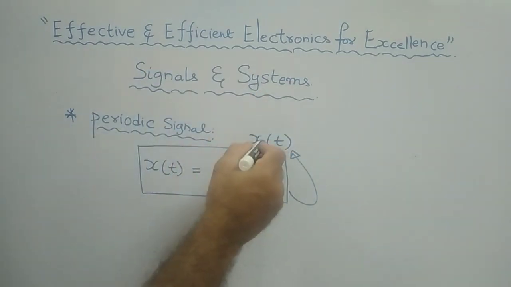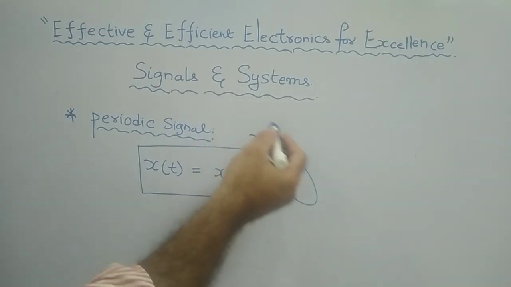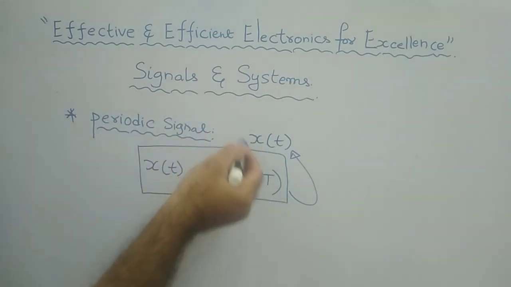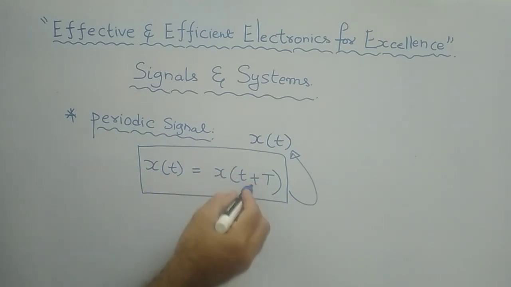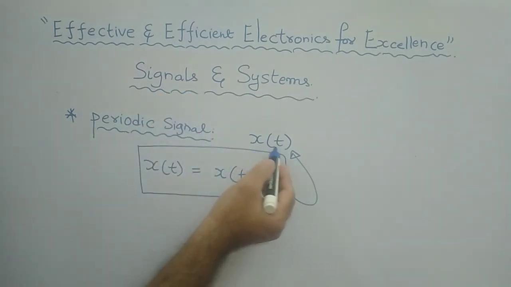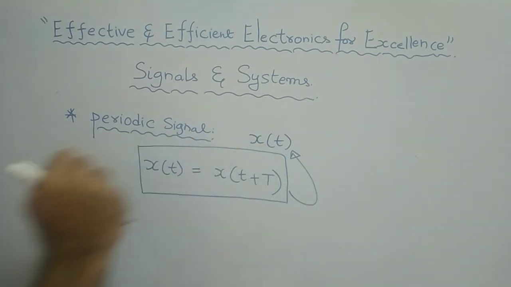For any given continuous time signal x of t, if it satisfies the condition x of t equals x of t plus T, it means that wherever t appears in the given signal, we simply substitute t plus T. By substituting t plus T in place of t, you obtain some value, and that value should equal your actual x of t.